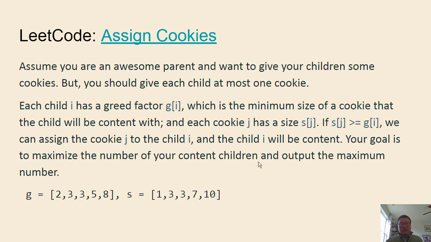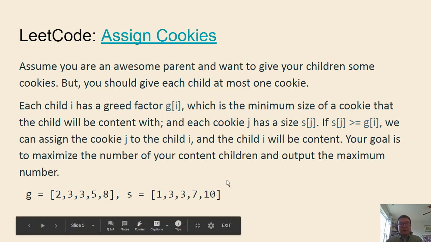Another way of solving the problem is to think in terms of the cookies instead of the kids. Then we should use the cookies that are biggest. If we use K cookies to make K children happy, then we will be using the K biggest cookies. So what we can do is start from the biggest cookie and see what is the most demanding kid that cookie can satisfy, because it's always better to satisfy that kid instead of some other kid.